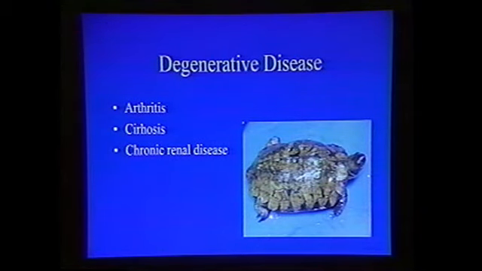Degenerative diseases are only rarely seen in reptiles. Occasionally arthritis and cirrhosis are seen. Chronic renal disease is perhaps an exception, as this is a common disease in lizards, particularly iguanas.